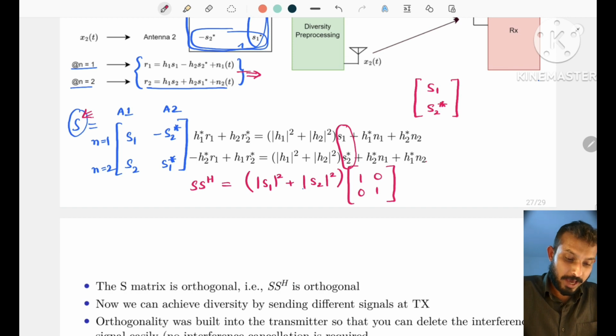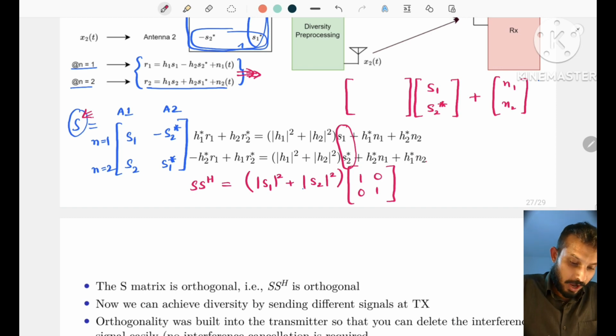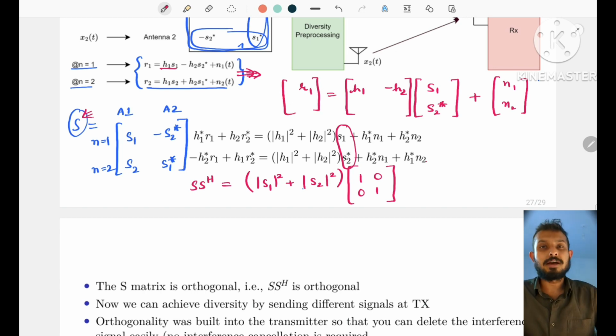And from here we have noise N1 and N2. And we want to write the channel here. So R1 is basically H1 S1. So we have H1, minus H2 S2 conjugate. So here we will have minus H2. And this is R1. So you have first equation R1.